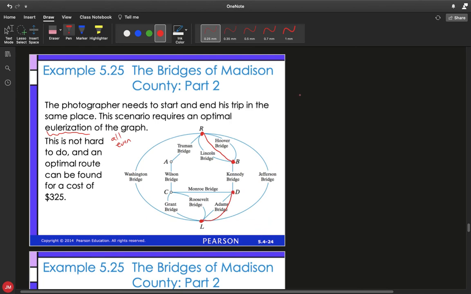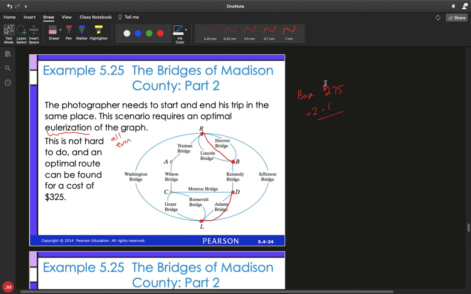Remember that the baseline cost was $275, and it looks like we're going to have to go through 2 extra bridges, and remember they cost $25 apiece, so $50 in total.